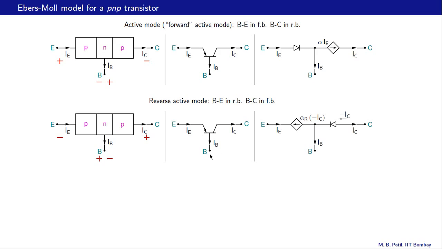And now, since this is under forward bias, we put a diode there, and since the base emitter junction is under reverse bias, we put a current controlled current source there. If this current is minus IC, this current is alpha R times that current, as shown there.